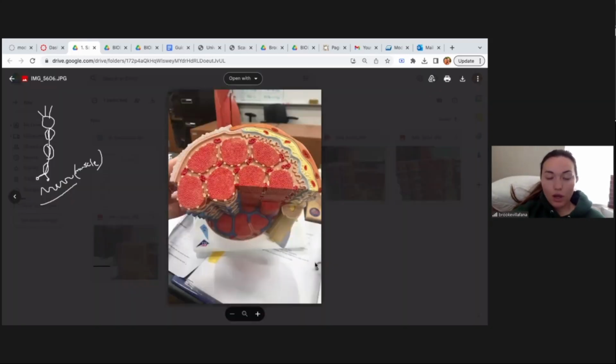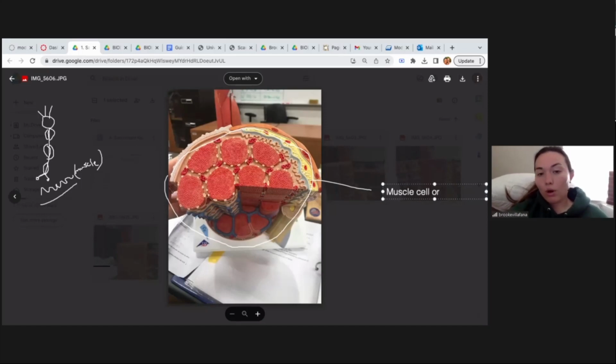If you look at the top, see the same stuff again. I don't need to relabel it. This is synaptic knob, motor end plate. And then this entire thing is going to be your muscle cell, or myofiber.